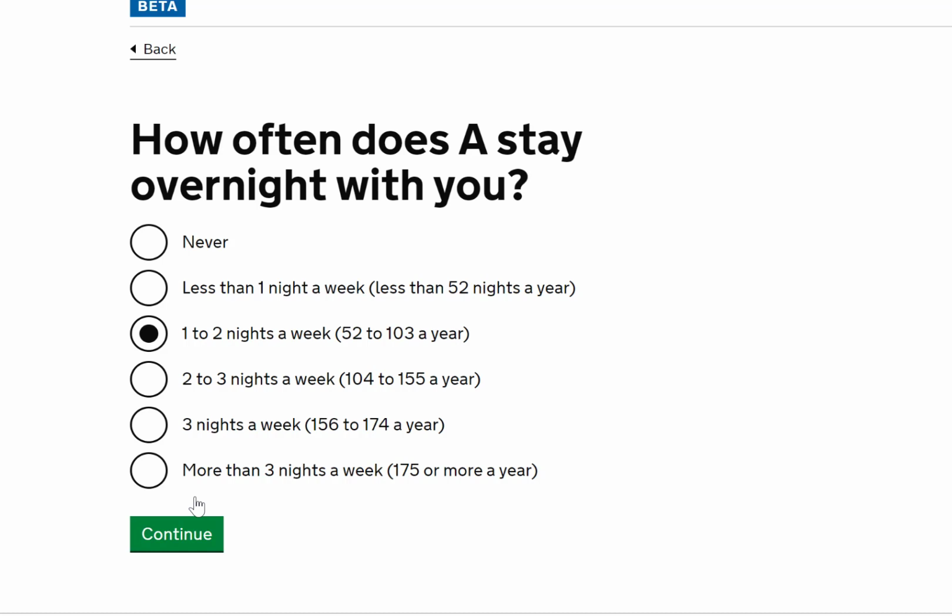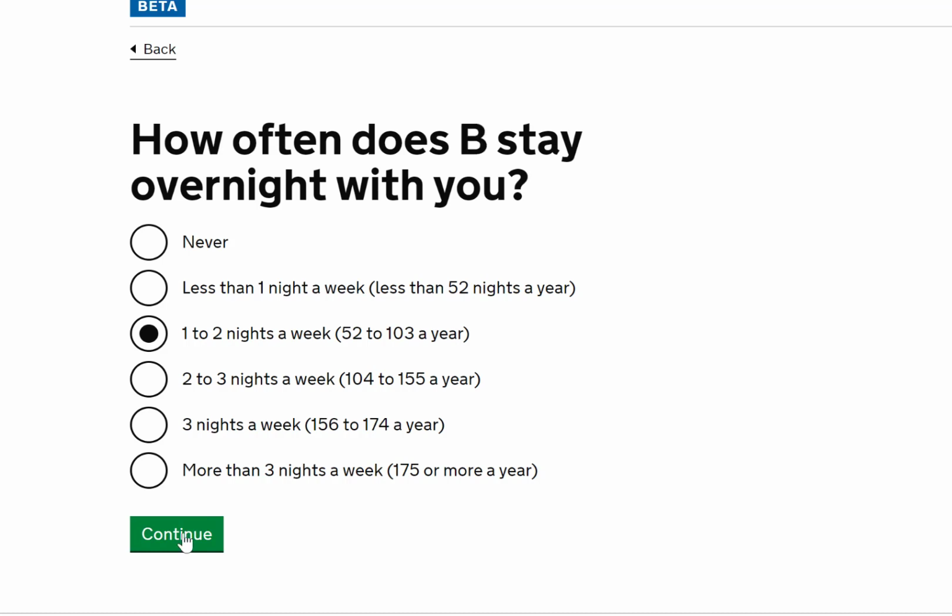The reason why it asks this question is because if your children stay with you for a minimum of 1 night per week, or it could be 2 nights every fortnight, or whatever it is, and that would include holidays as well, summer holidays and things, the amount of child maintenance that you pay will be reduced. So on this first category, 1 to 2 nights per week, so a minimum of 52 nights per year, the amount of child maintenance that you will pay is reduced by 1/7 or 14%.